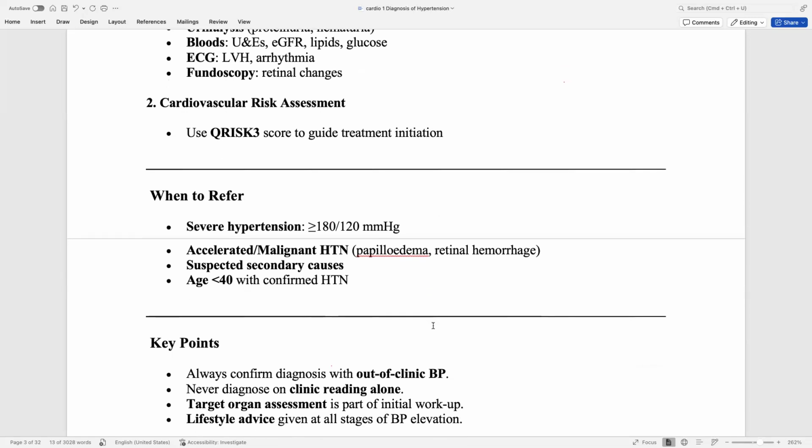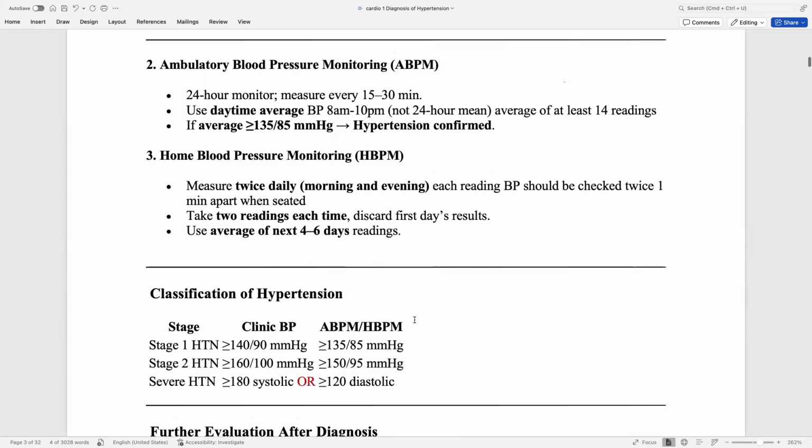We should treat. The general rule is to be treated in primary care unless severe hypertension. When we say severe hypertension, we are talking about a number only.